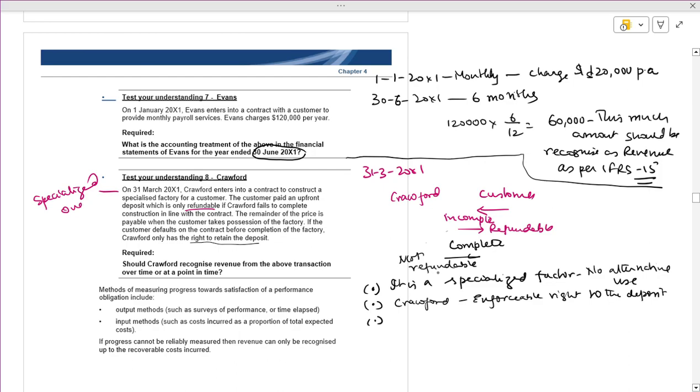Now, what is the third one? As per the performance obligation, Crawford must account for the sale of the unit as a performance obligation satisfied at a point in time.